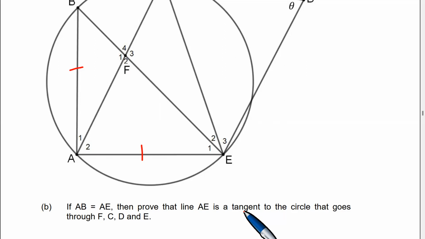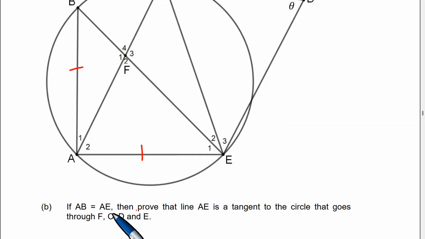Then prove that line AE is a tangent to the circle that goes through FCDE.